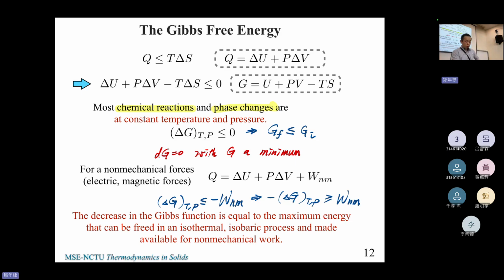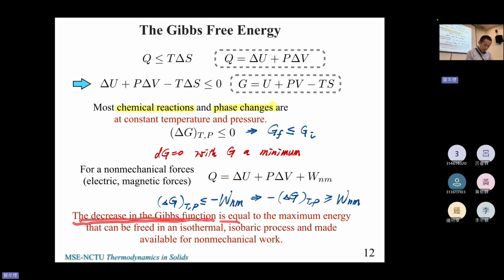Which means that the decrease in the Gibbs function is equal to the maximum energy that can be freed in an isothermal isobaric process and made available for non-mechanical work. What does that mean? The first part of this sentence answers the question in the previous two pages.